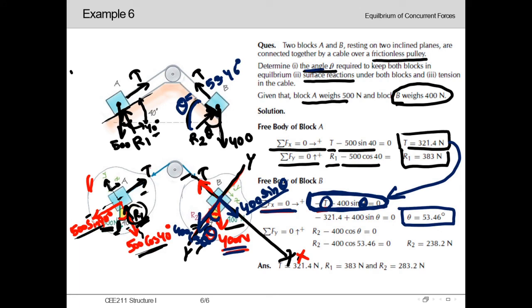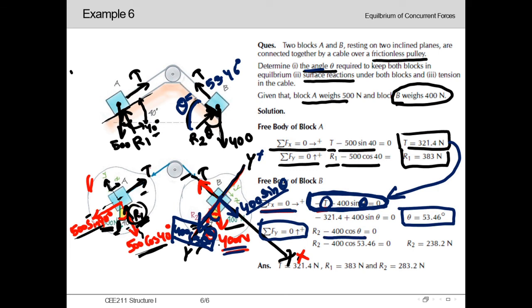And now applying summation of Fy equal to 0 for the free body diagram of block B, as the y directional forces, we can see 400 cos theta over here, which is acting downward. Y positive is upward, and 400 cos theta is acting downward, so minus 400 cos theta.